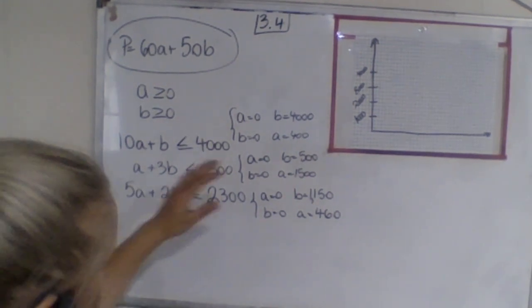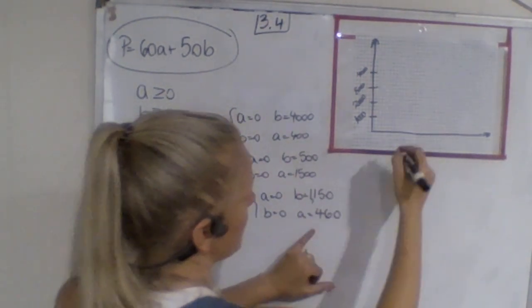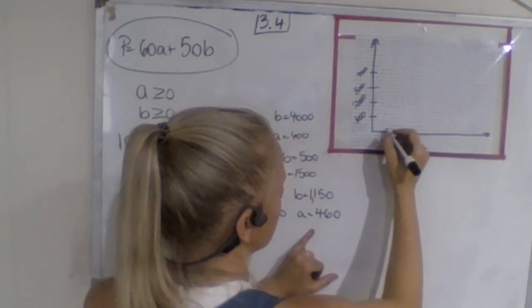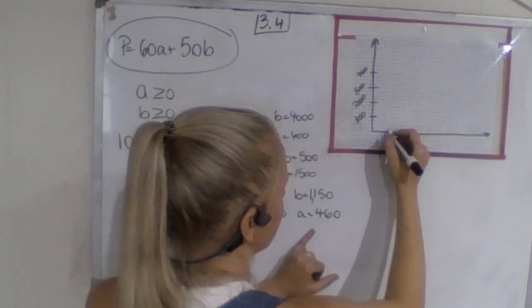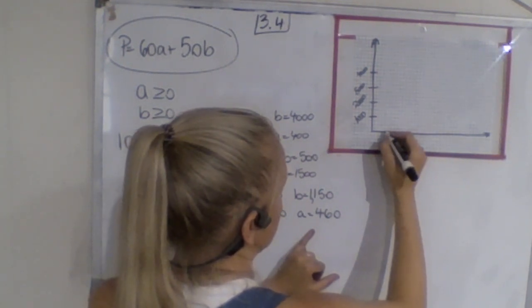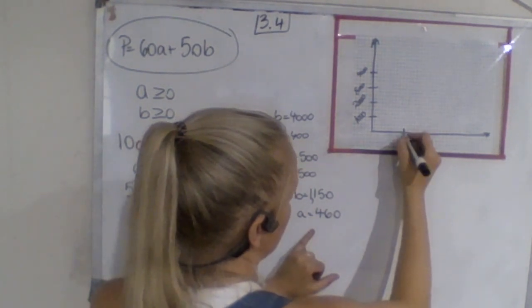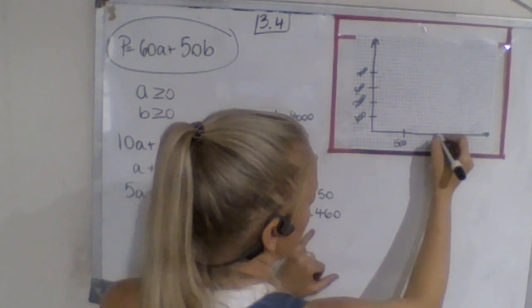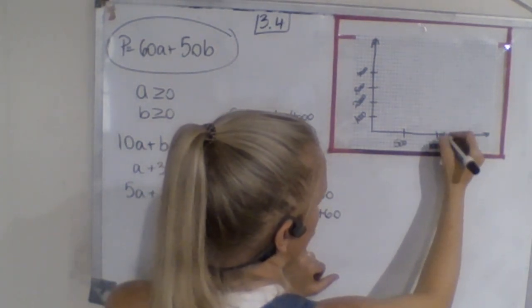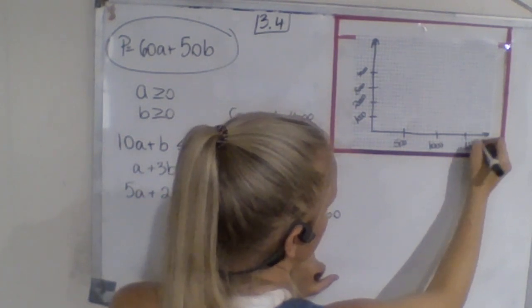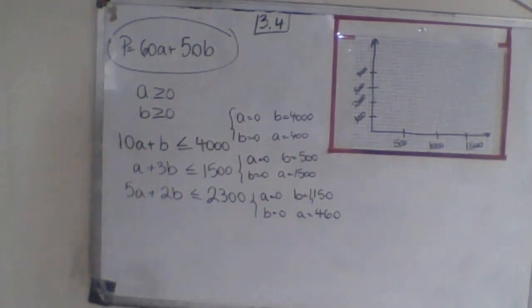My A kind of goes to 1,500, so I'm going to mark 1, 2, 3, 4, 5. This is 500. 1, 2, 3, 4, 1,000. 1, 2, 3, 4, 1,500. Hopefully this will work. I think this is all we did in class.